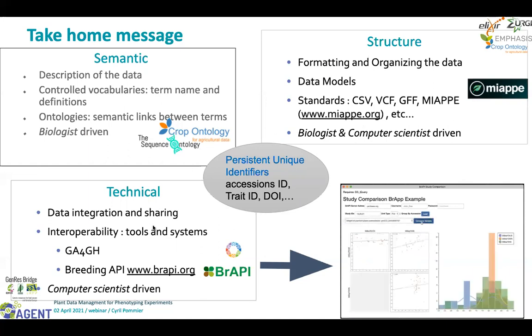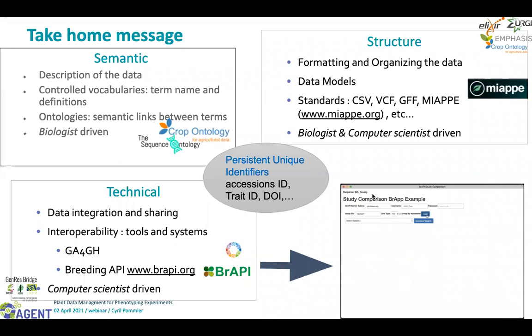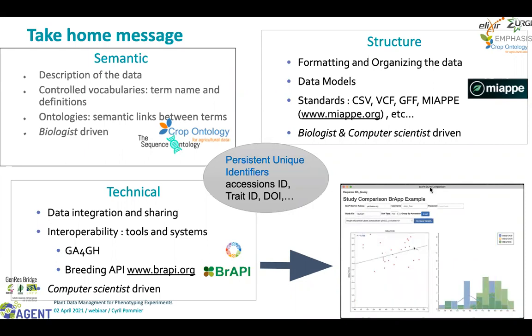And you give to other researchers, to the research community, and to the computer scientists, the possibility to automate processing of your data through technical standards that will enable you to plug into analyzing environments such as the one we are seeing here.